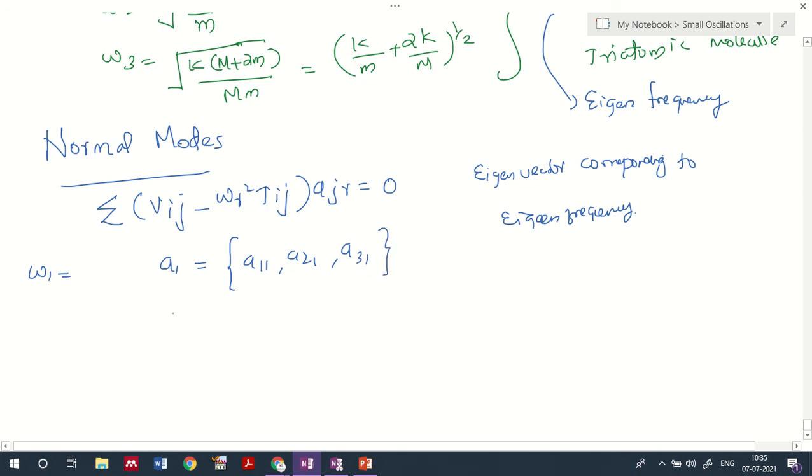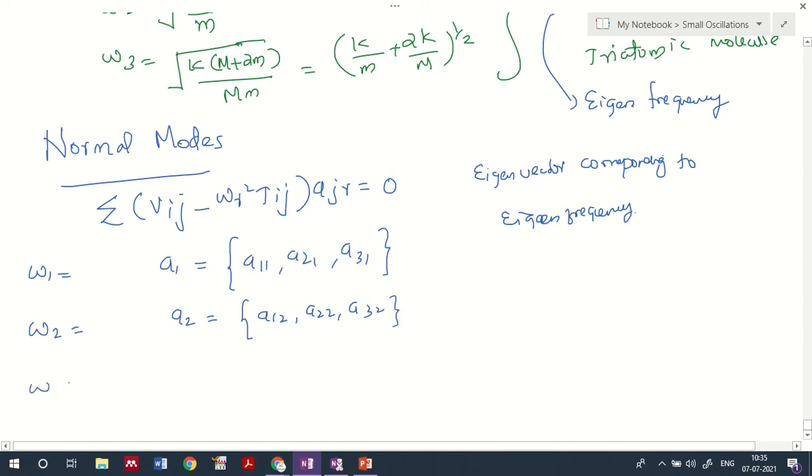So this is the set associated with frequency omega 1. Similarly, if you have frequency omega 2, there will be a set of different eigenvectors, that is a12, a22 and a32.